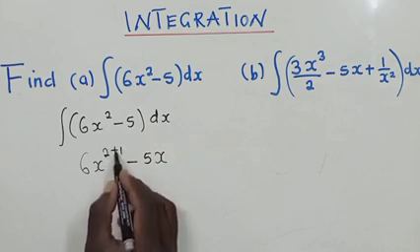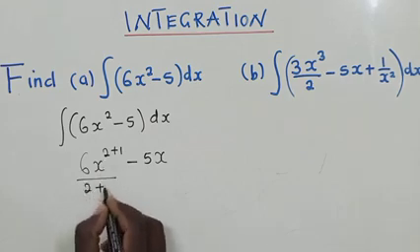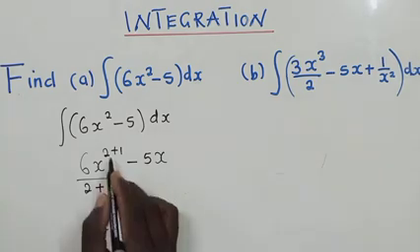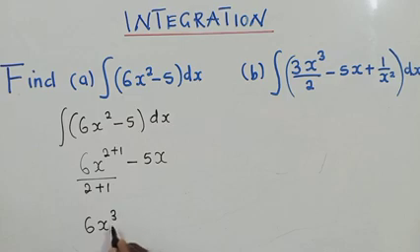So there is 2 plus 1. Just get it the way it looks and put it down like this. Are we done? Not yet. We need to simplify. Here we have 6, we have x. When we say 2 plus 1, what are we getting? It's 3. Here it's also 3, minus 5x.